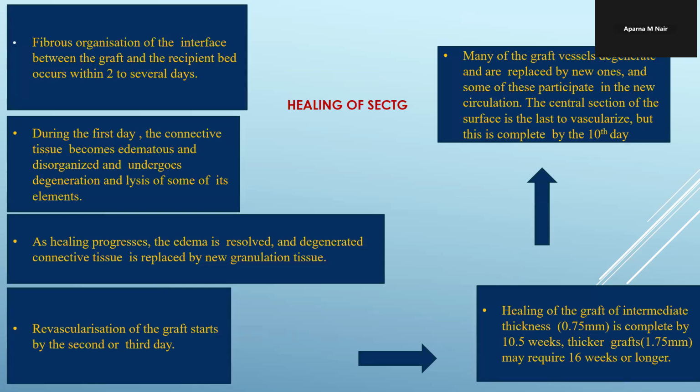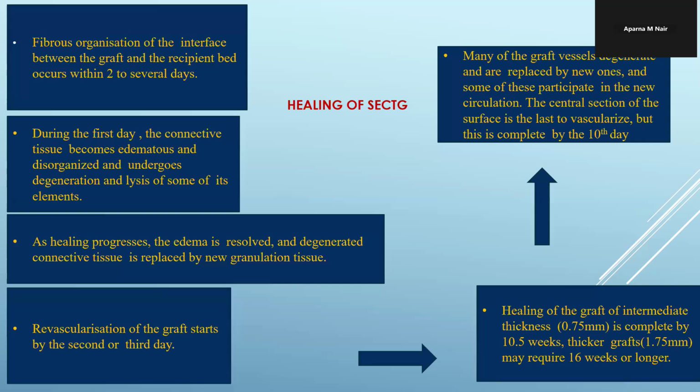Coming to the healing of the subepithelial connective tissue graft. As soon as we suture the flap into position, there will be a fibrous organization of the interface between the graft and the recipient bed, which occurs within 2 to several days.